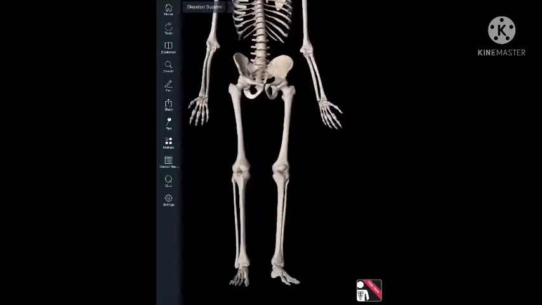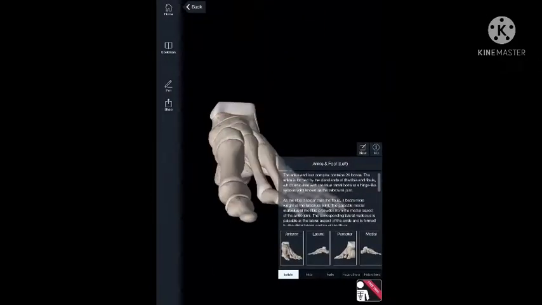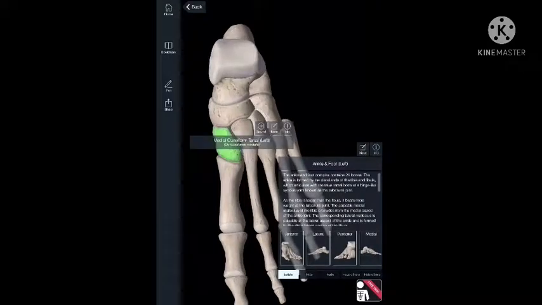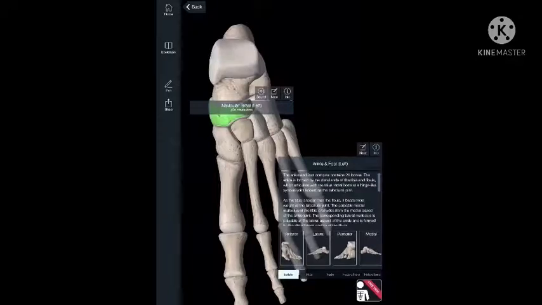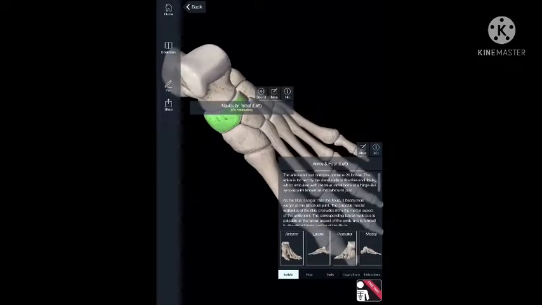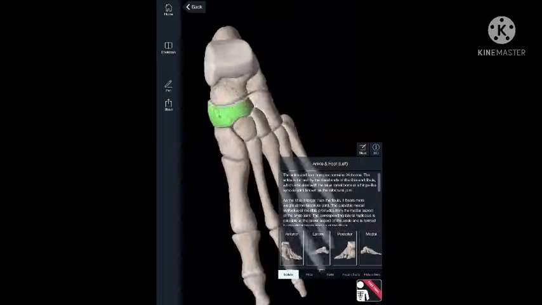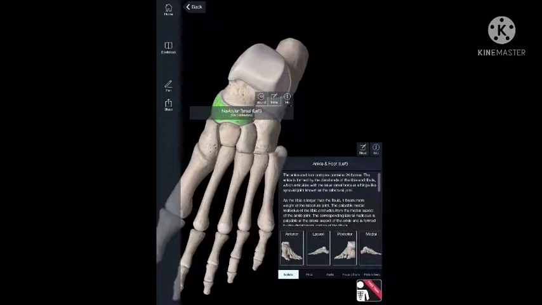While on the medial side of the foot, we can see the navicular bone. The navicular is on the medial side of the foot in between the talus and the cuneiforms, while the cuneiforms lie at the central and medial aspect of the foot.